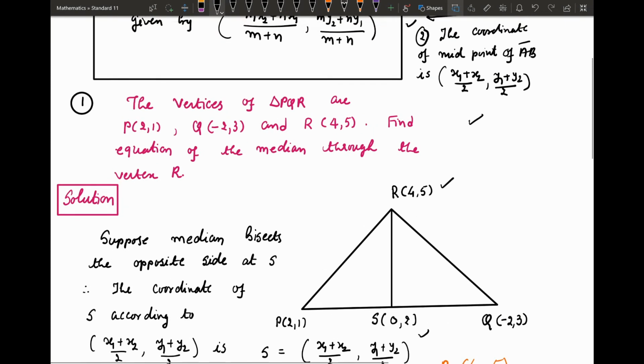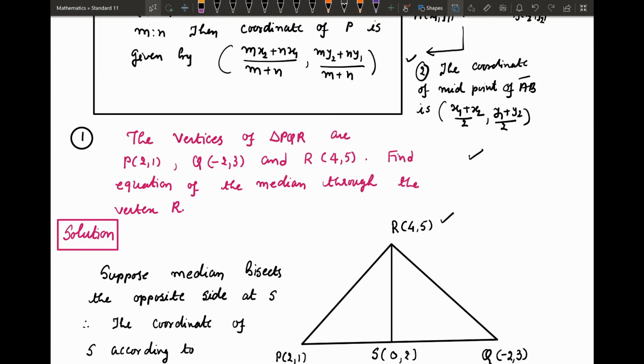So again, the vertices of triangle PQR are given. We have to find the equation of the median through vertex R. Suppose the median bisects the opposite side at S. So S is the midpoint of line segment PQ.